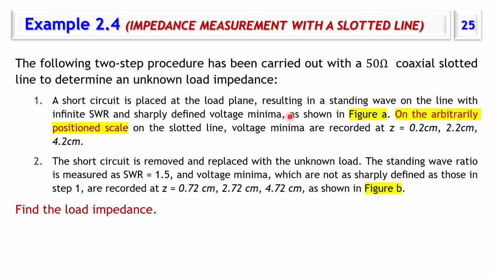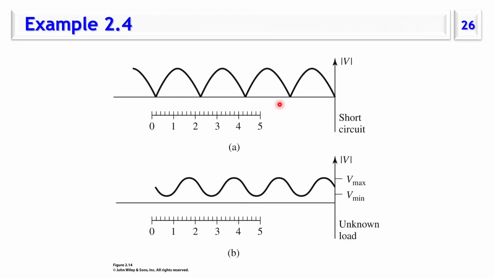The standing wave ratio would be infinity because the maximum is a value and the minimum is 0. We find the minimum as shown in the figure. This scale can be placed anywhere, but we know that if this is a minimum, this is another minimum, so this is the place of the load.